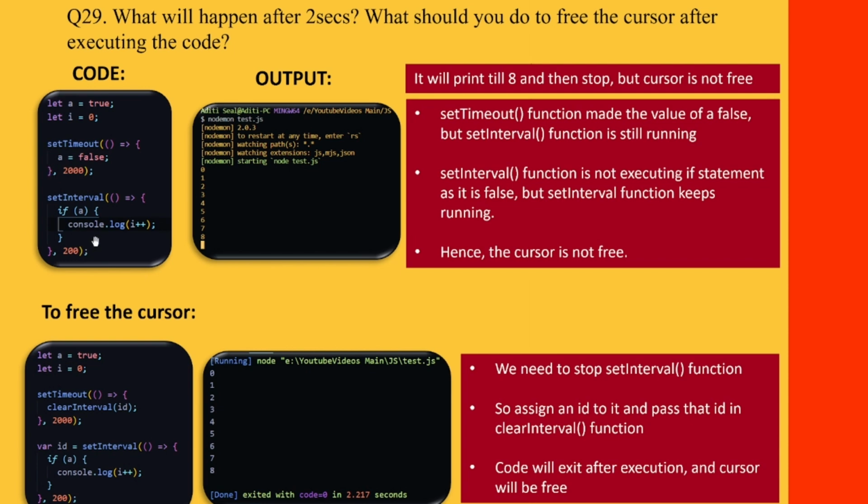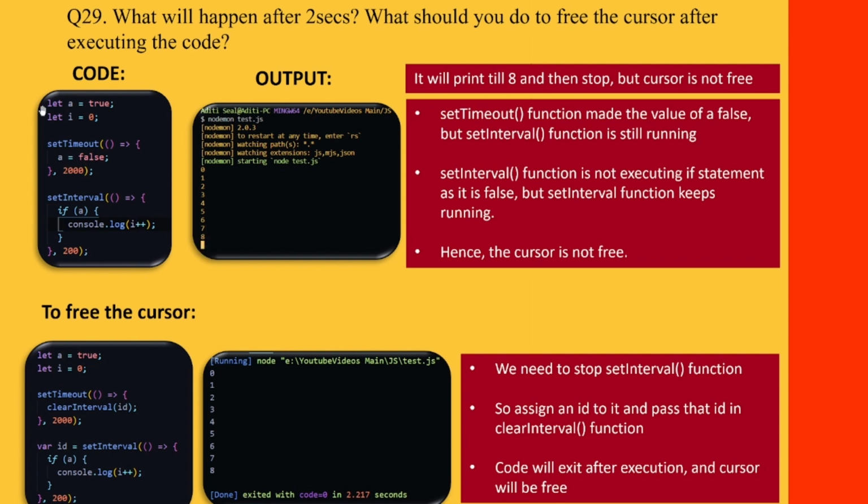Okay, here you can see A is true. So when the line of code comes to this function, the value of A is still true. So it will execute this if block. It will increment I. I've declared I and assigned it a 0 value. So it will keep on incrementing till 2 milliseconds. That is why you can see the program printed numbers till 8 and then it is not printing anything.